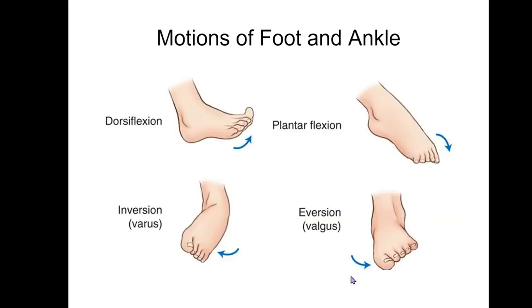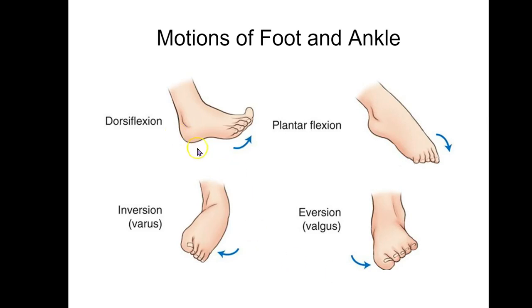Last slide. Let's discuss real quickly any motions of the foot and ankle, because these are potentially confusing terms as well. Dorsiflexion, plantar flexion, inversion, and eversion. The decrease of an angle or flexion between the dorsum pedis and the anterior part of the lower leg is called dorsiflexion.